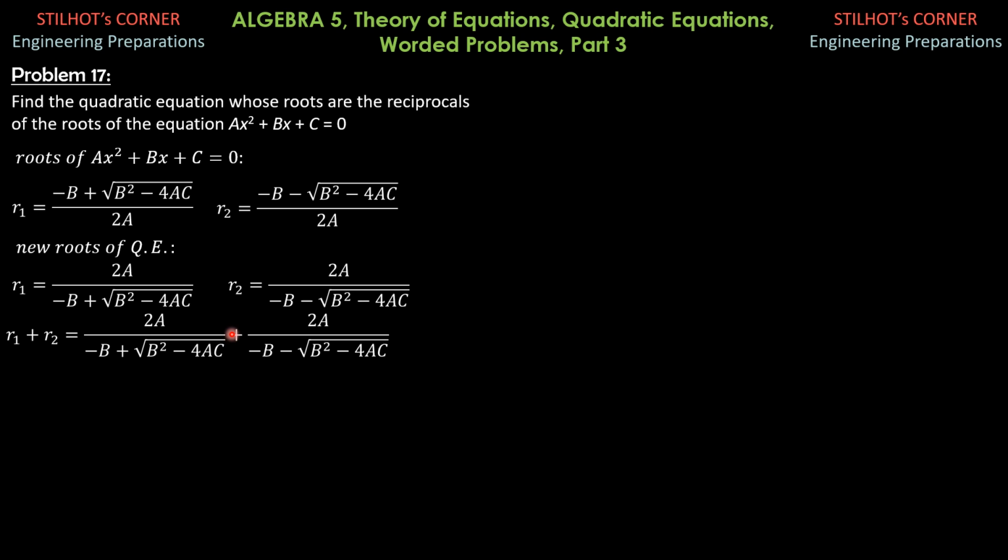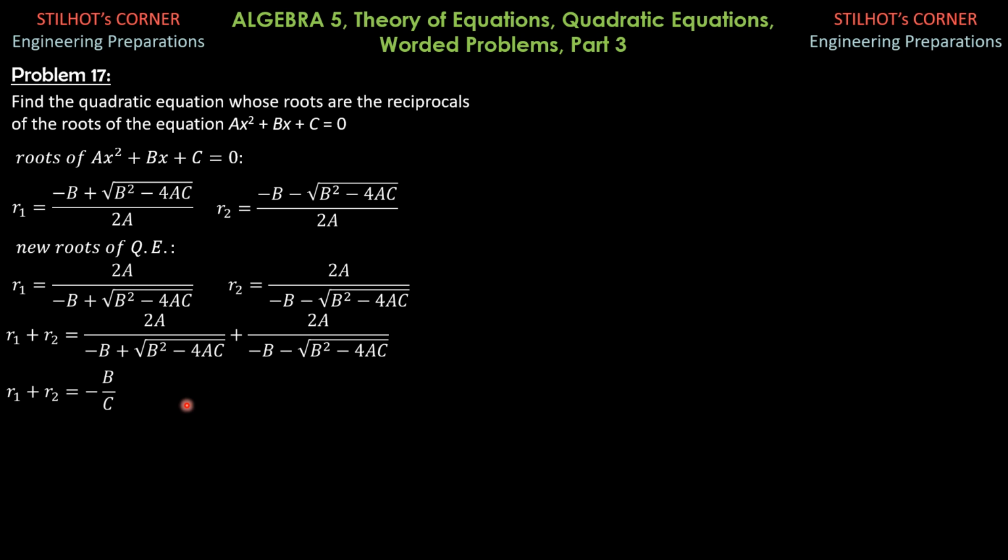So negative 4AB in the numerator. In the denominator, we have the net value 4AC. So negative 4AB over 4AC is negative B over C. So the new sum of the roots is negative B over C.